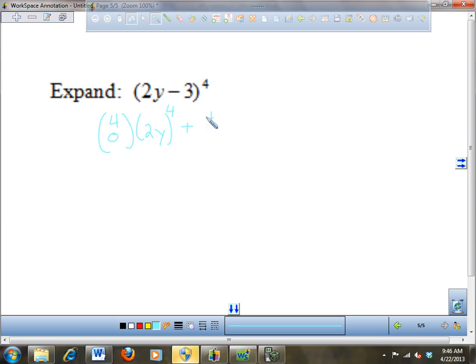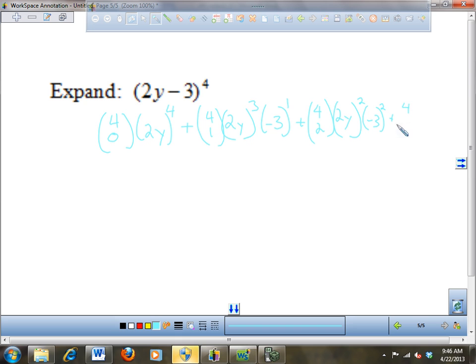Plus 4 combination 1 times 2y raised to the 3rd times negative 3 raised to the 1st. Plus 4 combination 2 times 2y raised to the 2nd times negative 3 raised to the 2nd.